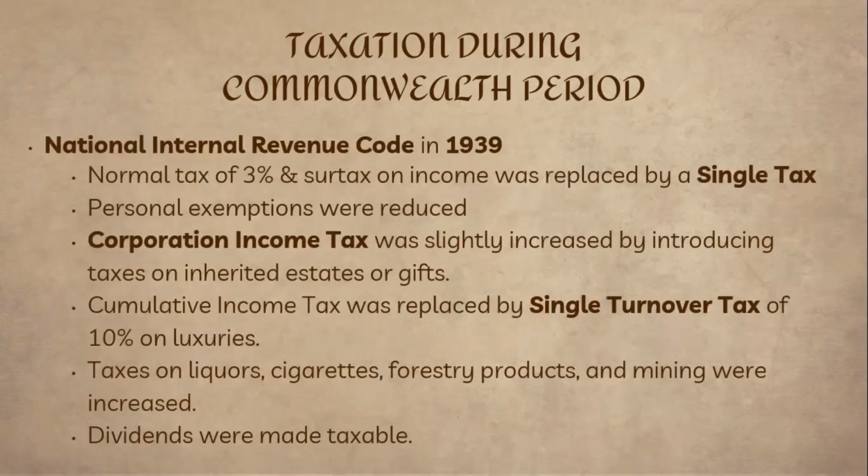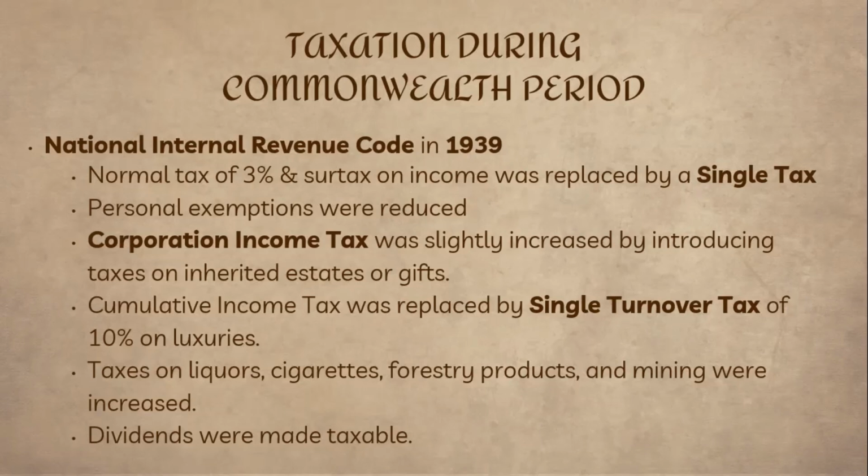So National Internal Revenue Code in 1939. In this year, the Commonwealth government drafted the National Internal Revenue Code, introducing major changes in the new tax system, and it is as follows. So the first one is the normal tax of 3% and the surtax on income was replaced by a single tax at a progressive rate. The second one is personal exemptions were reduced.